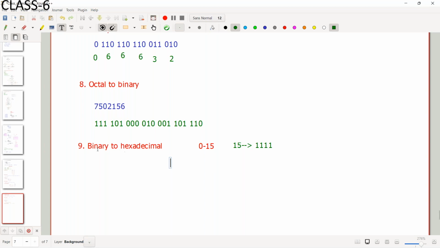Binary to a particular number, this is for our understanding. How this can be given in the system, I'll tell you where it will come. I didn't get your question properly. Are you asking how we can represent any particular number in binary?